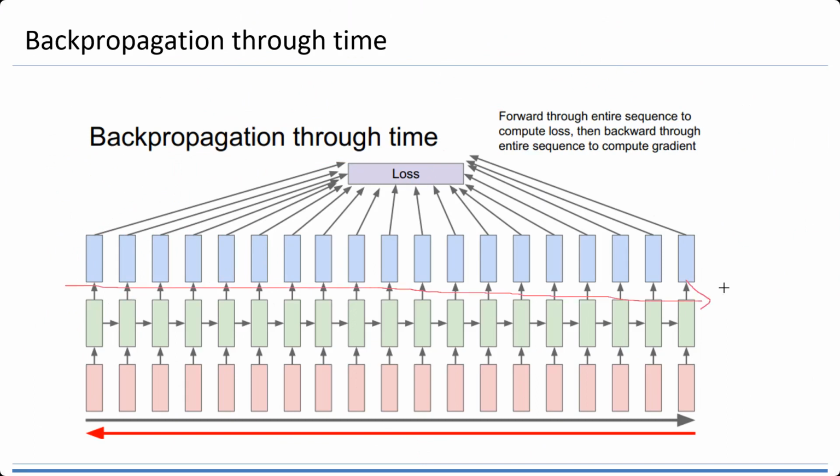So if we have until time t, then we want to back propagate through time. Through time means we calculate the loss until we finish the iteration, until we finish the round. Forward through the entire sequence to compute the loss, and then backward through the entire sequence to compute the gradient. Do you know what the gradient is?